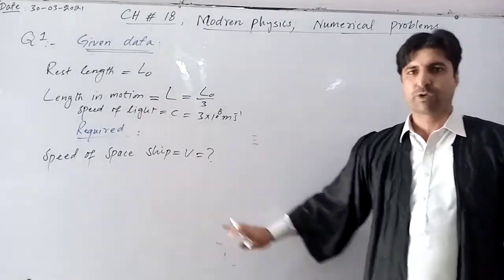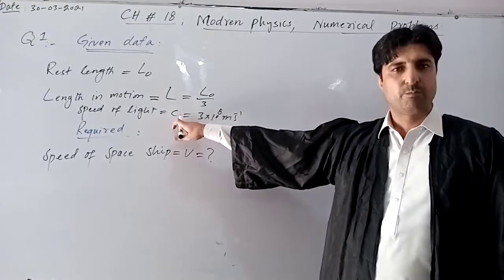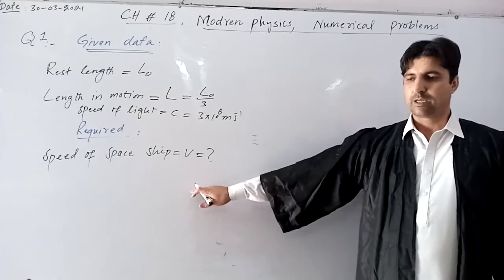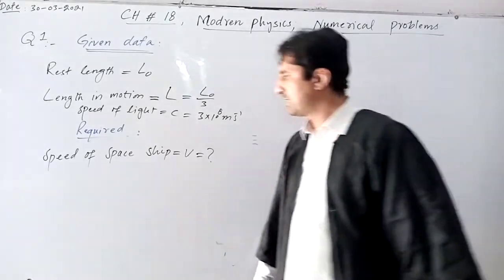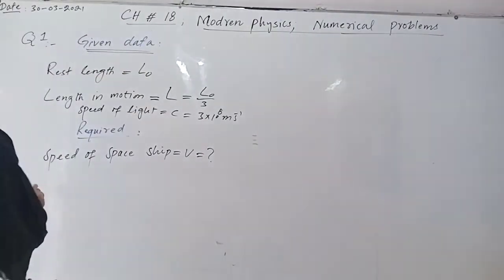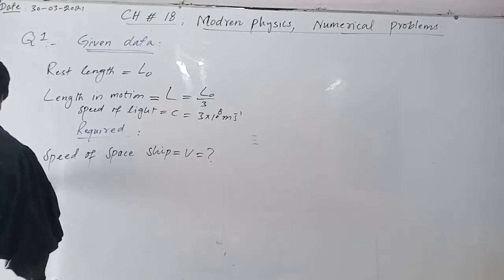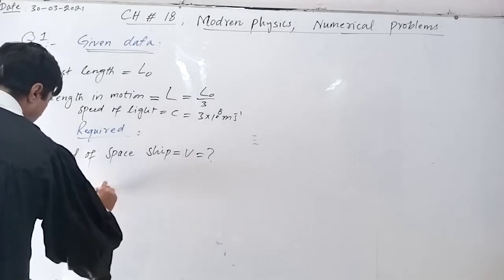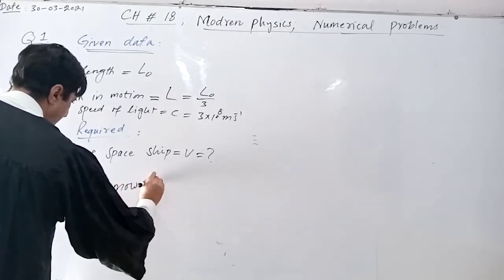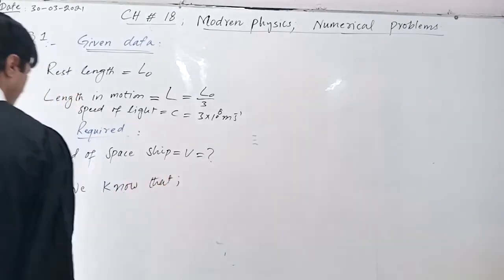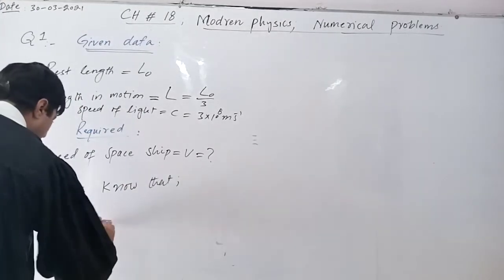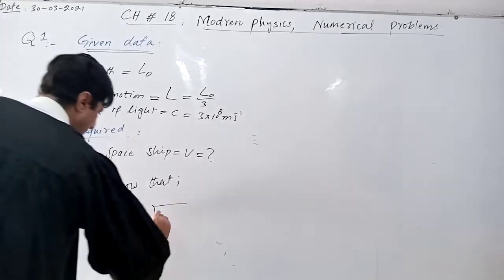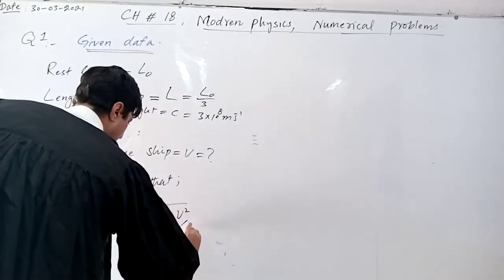So dear student, this is one of the basic consequences of special theory of relativity. By applying the formula, we know that L is equal to L0 under root 1 minus v square divided by c square.